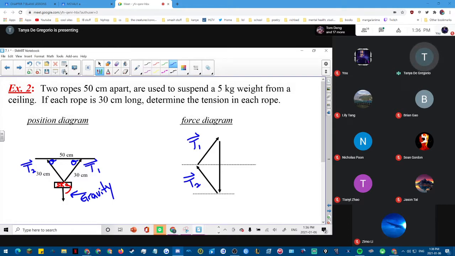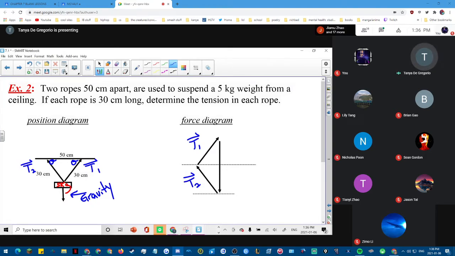So what can I label on this diagram? Help me out. We know T1 and T2 are 30 centimeters.